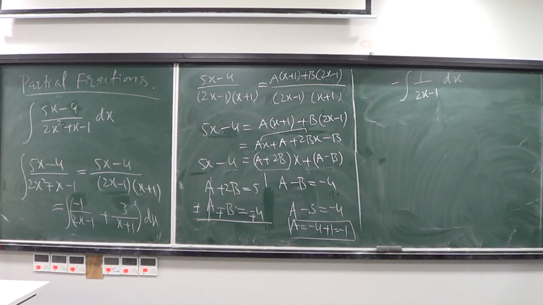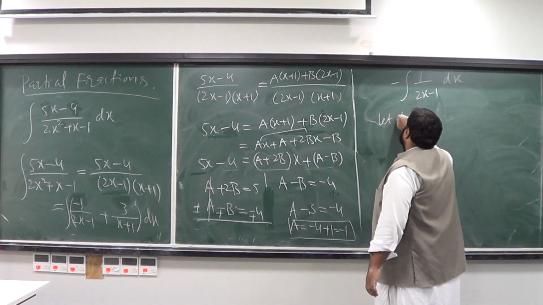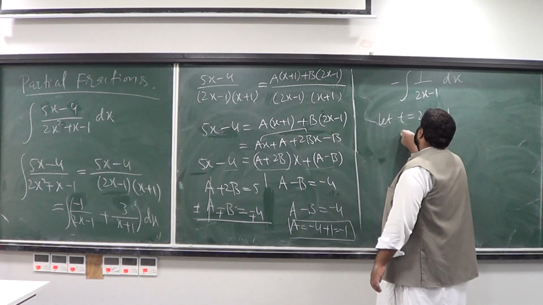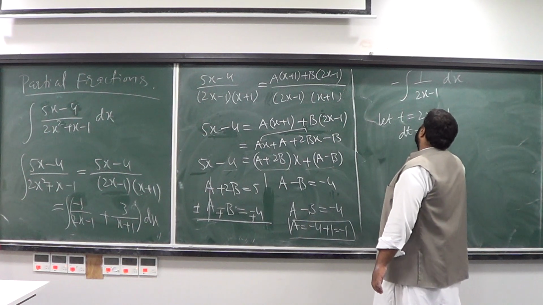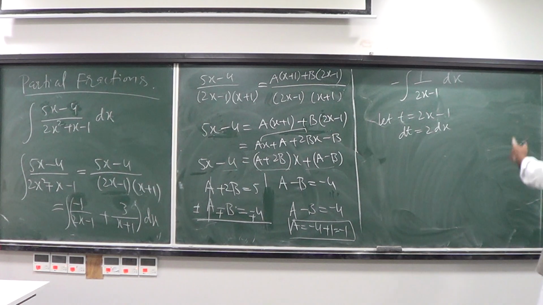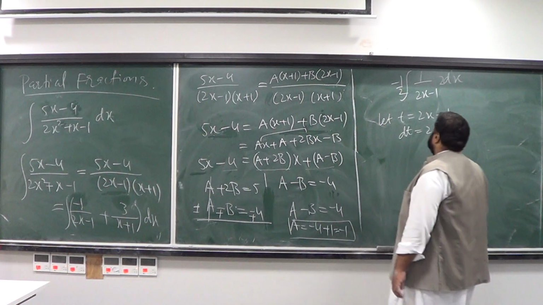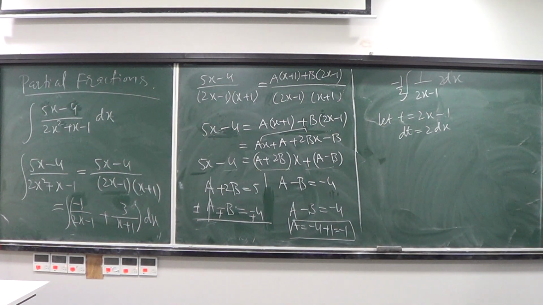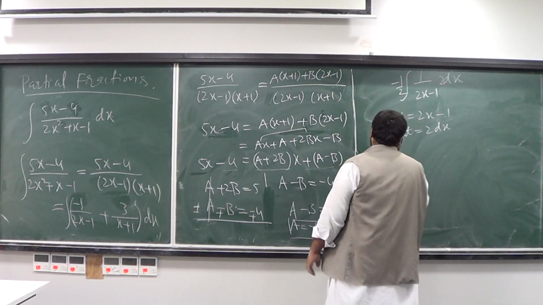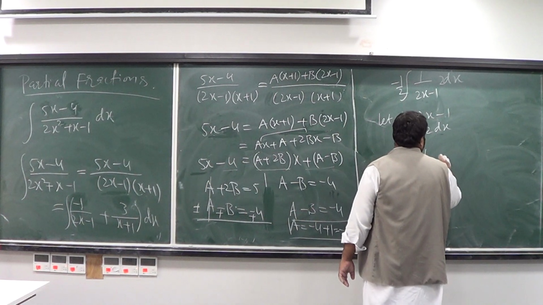The answer is you can make a substitution. So let's make t equal to 2x minus 1, so that dt will be 2 dx. You can say there is no 2 there, so I can put a 2 and divide by 2. Not a big deal. Okay? So after this simplification, what will this become? This will become 1 over t, and this will become what? dt.